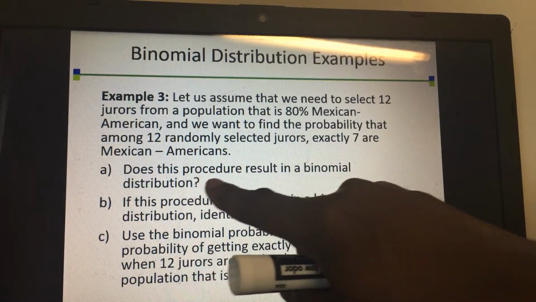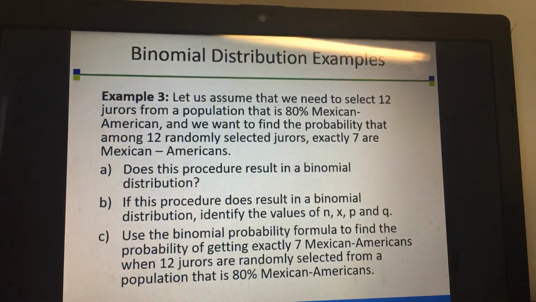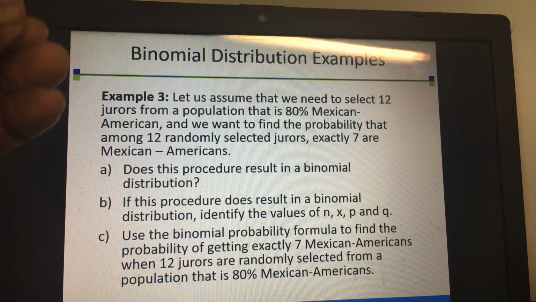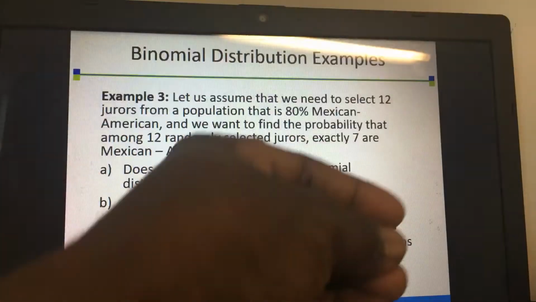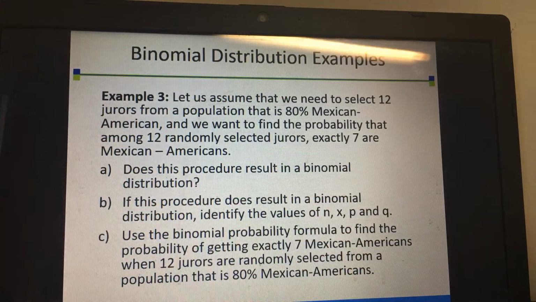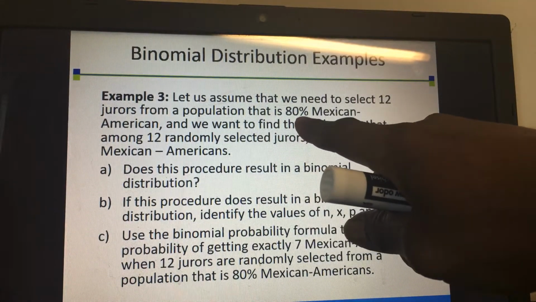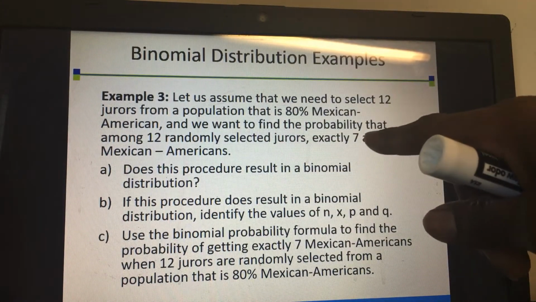It says, does this procedure result in binomial? Well, let's see. First of all, the outcome will be 2. Either they are Mexican American or they are not. See? So that gives you binomial. Also, the probability is constant, 80%, which is 0.8.